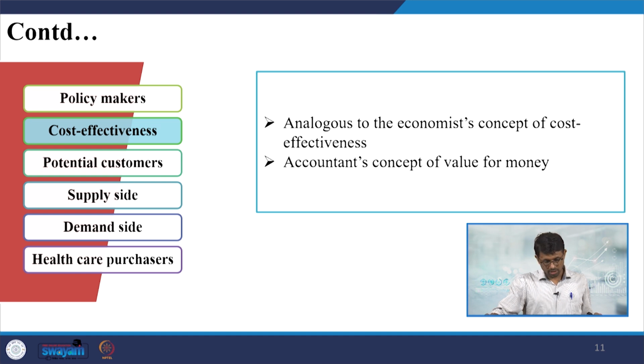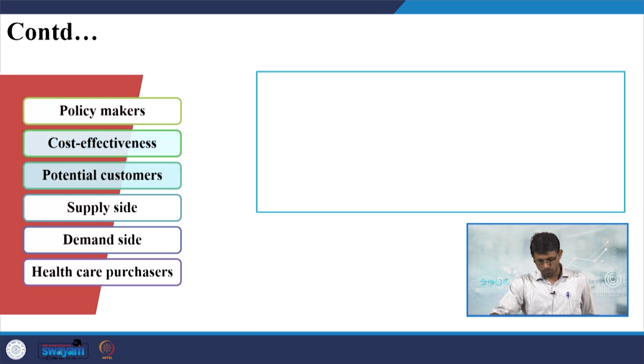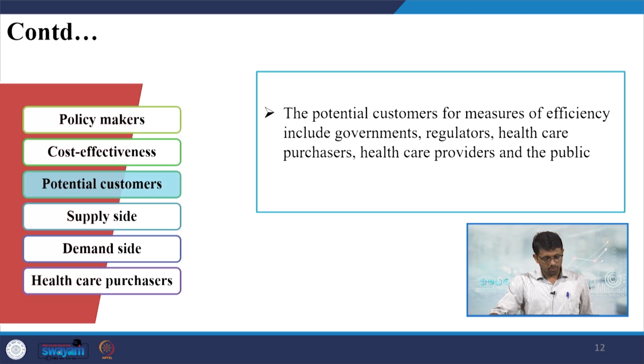This cost effectiveness analysis is analogous to the economics concept of cost effectiveness, and is also referred to as the accountants' concept of value for money. Another one is potential customers' need. The potential customers for measures of efficiency include governments, regulators, healthcare purchasers, healthcare providers, and the public.